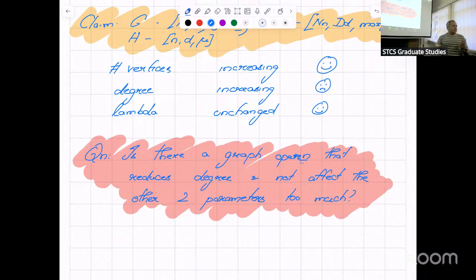Now we'll have these three operations: squaring, tensoring, and powering. We'll put them together to eventually build larger graphs. So tensoring will make the graph larger. It will increase the number of vertices and keep the eigenvalue unchanged, but the degree also increases.